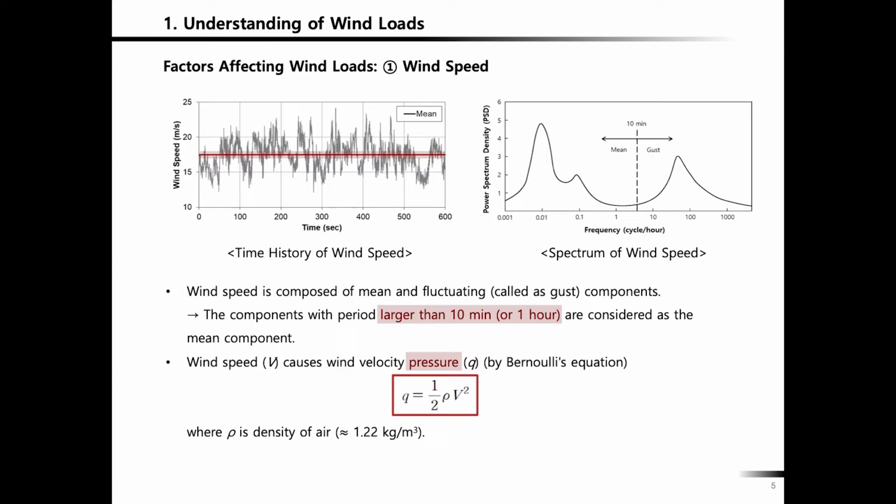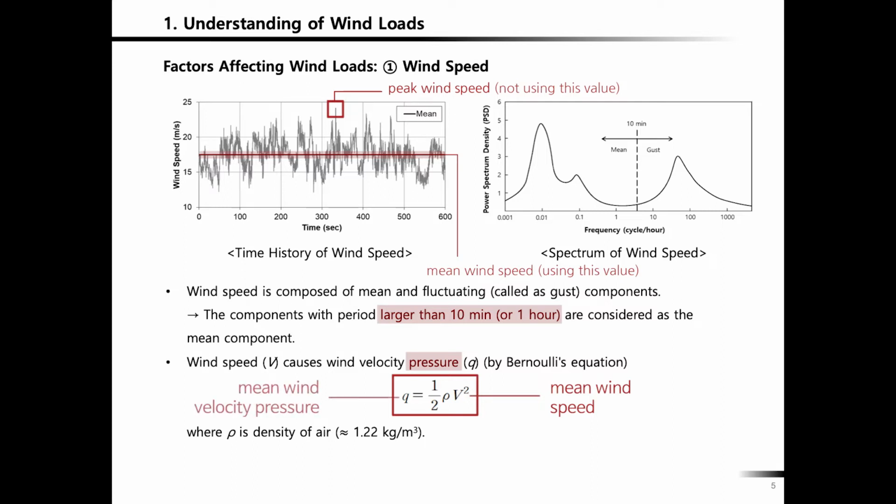And then if we use mean wind speed only, not the peak, but mean wind speed, then it's called mean wind velocity pressure. It's pressure.